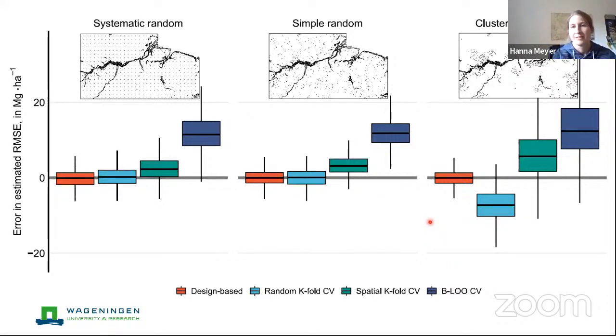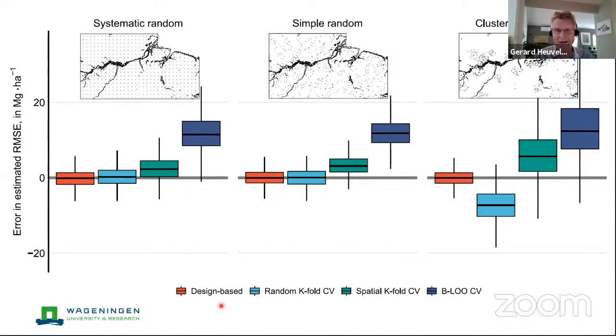Yeah. So I think maybe spatial cross-validation, or all the cross-validation methods that I mentioned here, perform worse or better depending on the spatial structure and all that. But design-based probability sampling doesn't care at all what the spatial structure is.